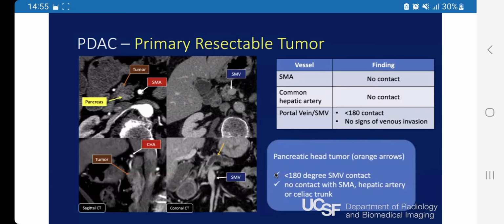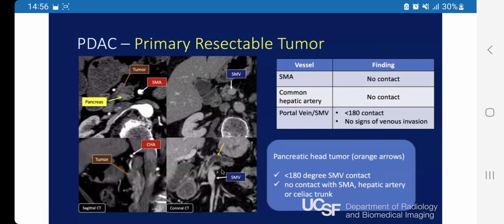This is an example of a primary resectable tumor. The pancreatic tumor is here at the head. Here's the normal pancreatic parenchyma, and here's our SMA. So we have no involvement of the SMA. However, the SMV is here, and our tumor is kind of here, hypoattenuating, and it touches the SMV less than 180 degrees.